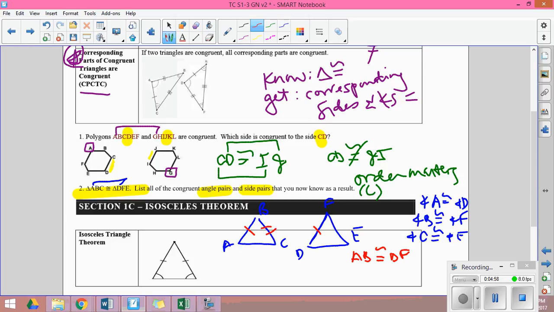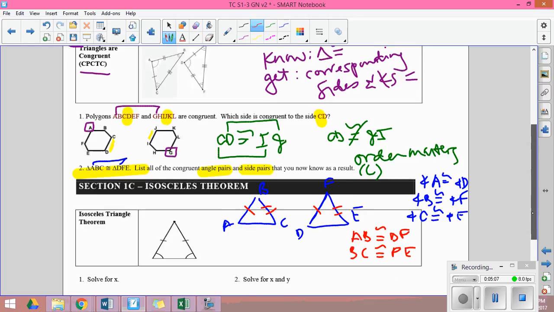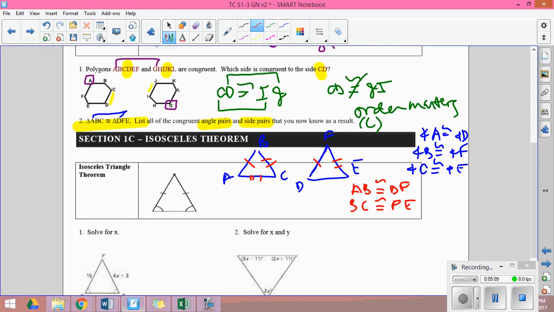BC corresponds to FE. BC is congruent to FE, and AC is congruent to DE. So just pay really careful attention to the order of all of the points. They have to match up.